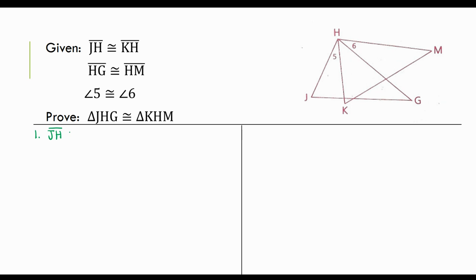So we are starting with our first given, that the segment JH is congruent to the segment KH. So those each get a tick mark. I can't expand on that any further, so I'm going to move on to my next given, that the segment HG is congruent to the segment HM.